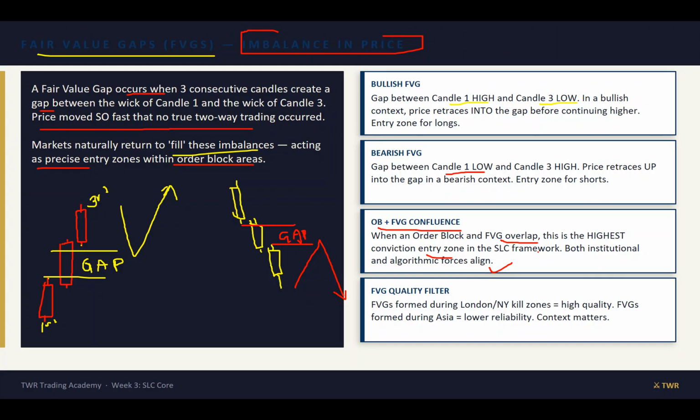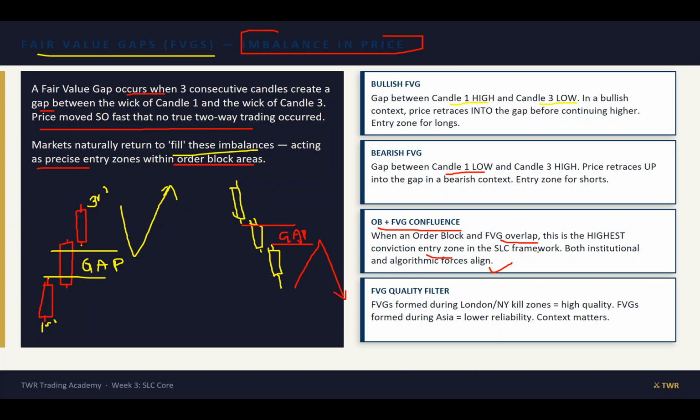So usually you'll find that the market comes back to fill the gap before continuing. The market has a tendency to return to fill these imbalances, not because of any mystical force, but because the algorithm driven nature of institutional price delivery seeks balance.